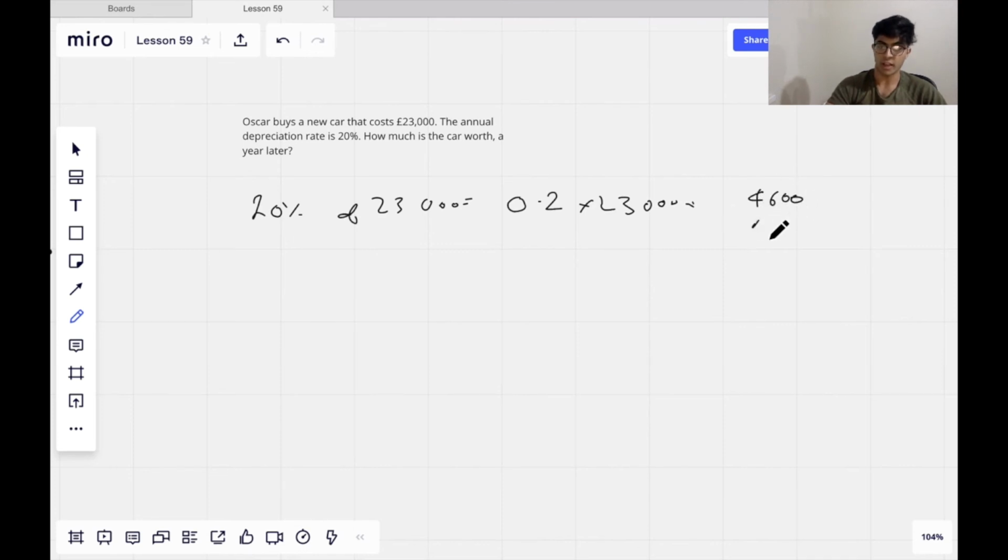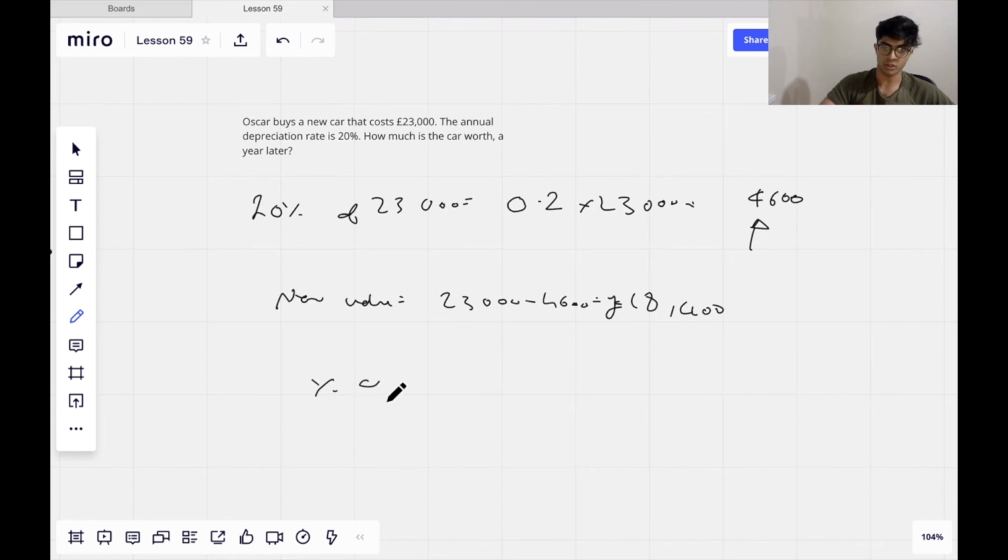So that's the value by which it's depreciated. So the new value is equal to 23,000 minus 4,600, which is equal to 18,400 pounds.